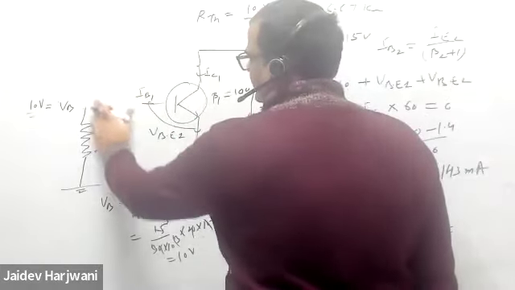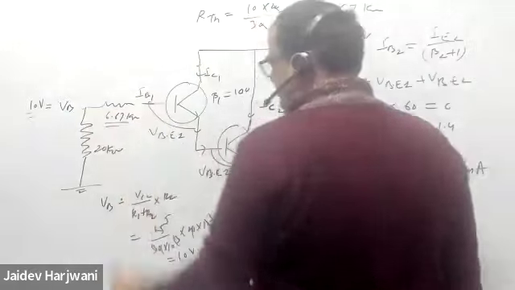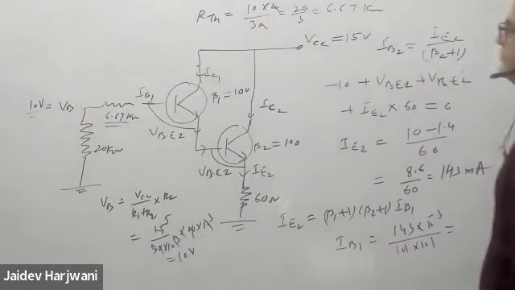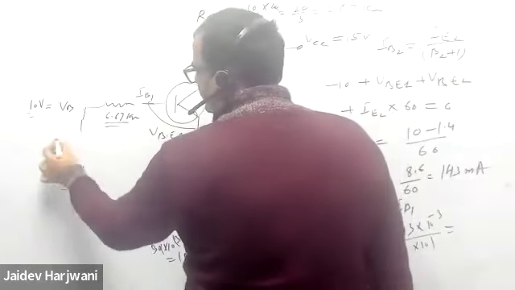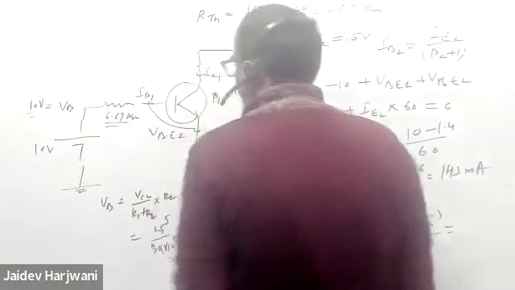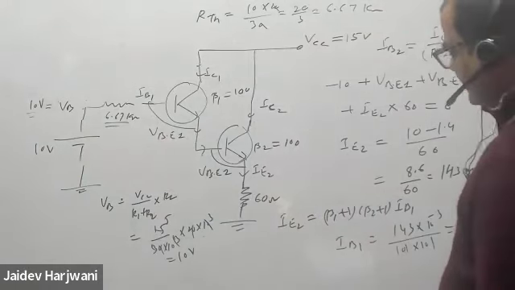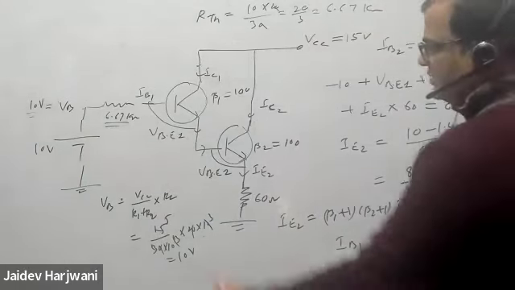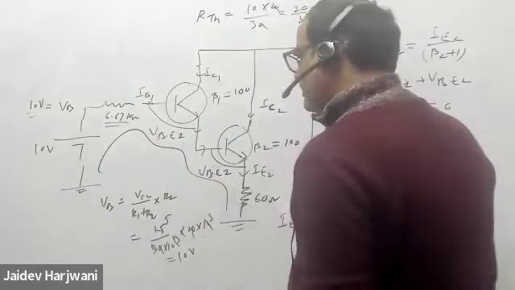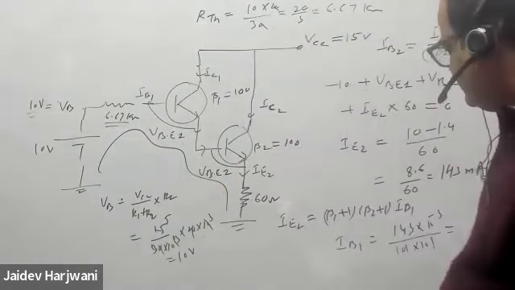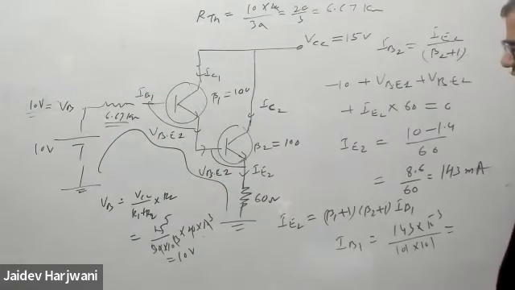If you want, you can remove this circuit here and put 6.67 kilo ohm here, and here you can put a battery VThevenin, that is 10 volt. Now first solve the circuit for IB1, then you can find the value IB1, and from there you can find value I1 and I2.